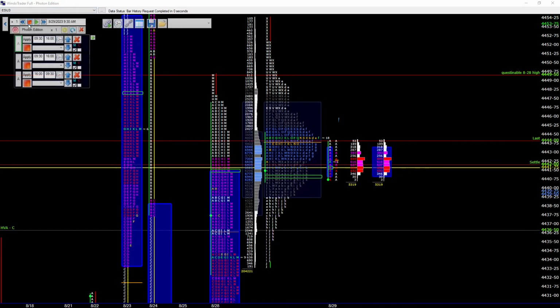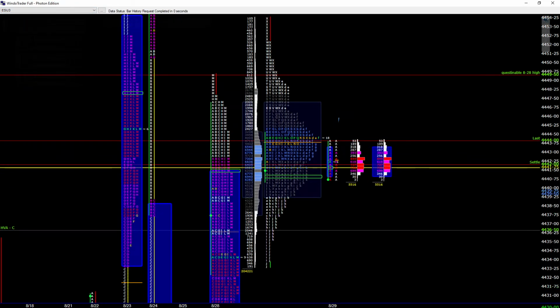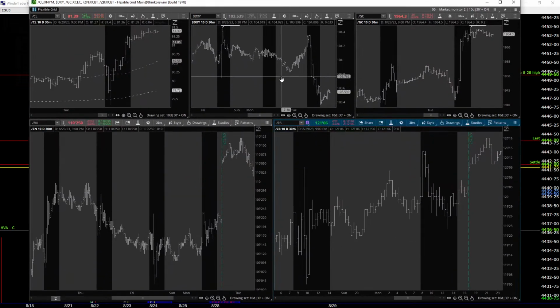Something else before we go. The bond market. Yesterday, when I did my homework, something that I noticed is the market had a gap. The overnight was having a gap, but let me show you how it was. It was like this. Now, already gap high.